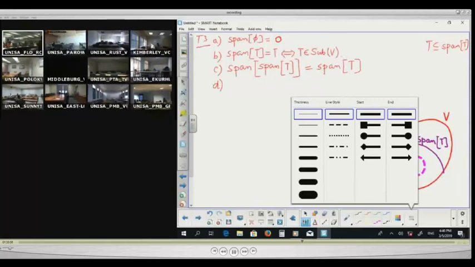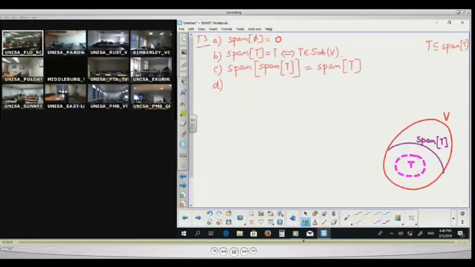Wait. I am saying over here that span is applied on the span. So that's why I drew it like this. If you had a subset like this, you expanded it and it became a subspace. But a subspace is also a subset. You want to see if you can expand it further by taking span. This is saying no. You stop over here. You cannot go any further by taking spans.